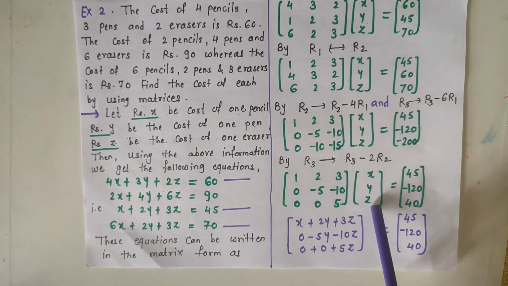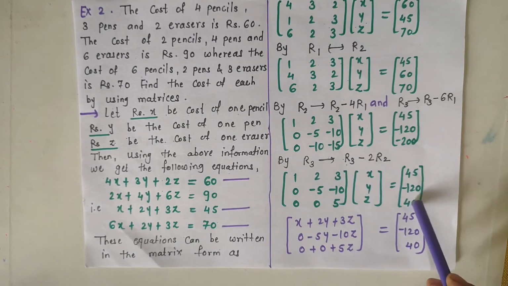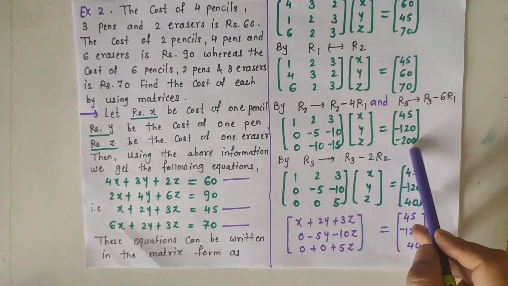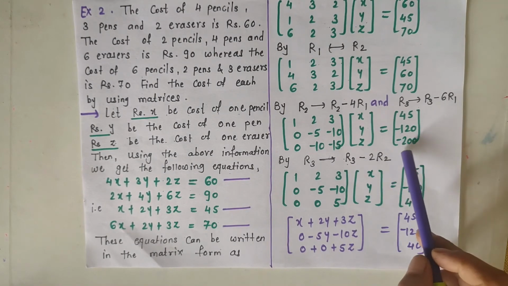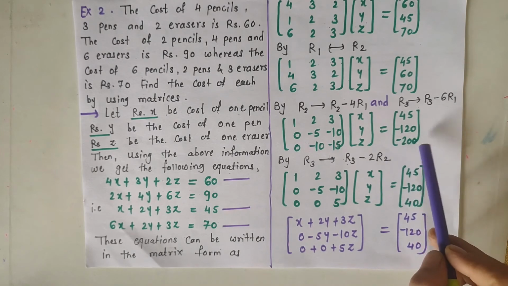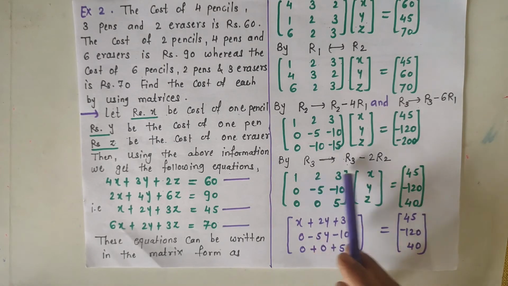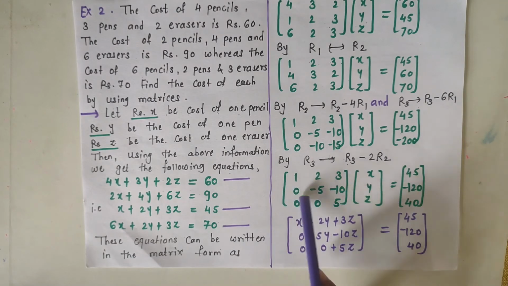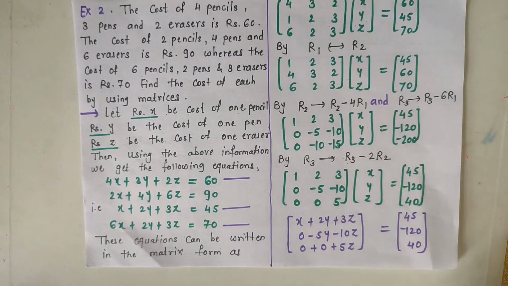The same row transformation on the constant matrix: minus 200 minus 2 into minus 120, so minus 200 plus 240 is 40. Applying this transformation on both matrices A and B, we get the upper triangular matrix with the below-diagonal elements 0, 0, 0.